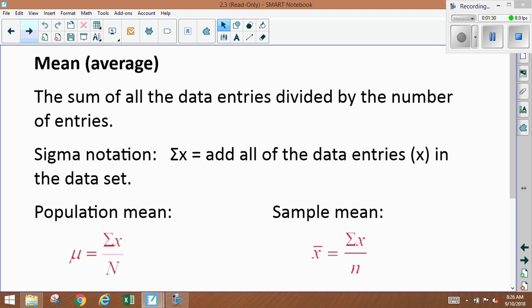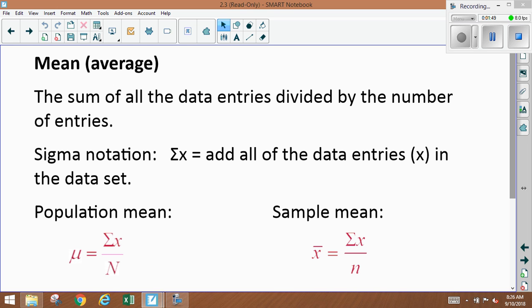Okay, the mean. Here is the very mathy, formal definition of the mean. It's the sum of all data entries divided by the number of entries.